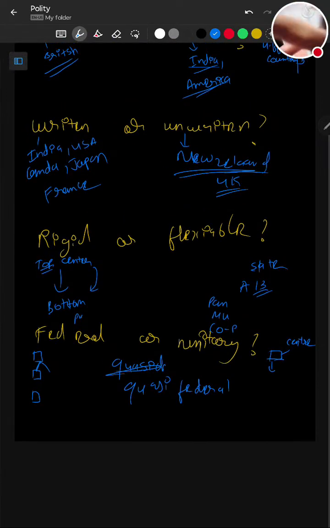Now, going ahead, this was the previous class which I did. Here are some details of the Constitution.